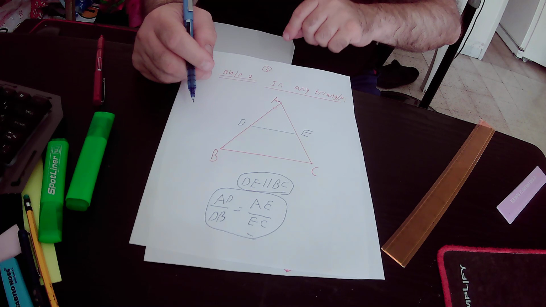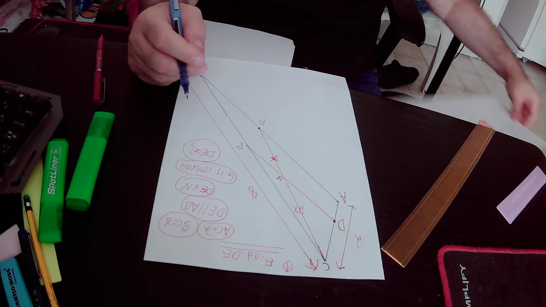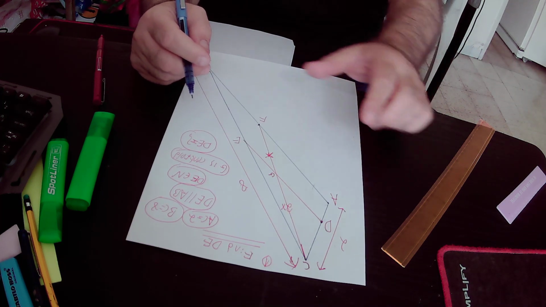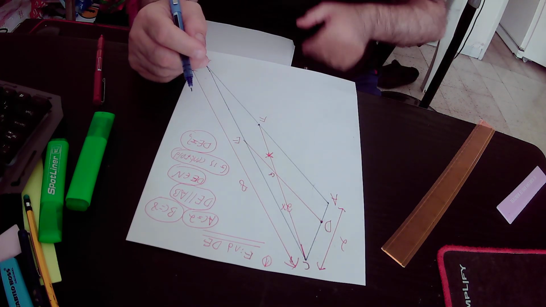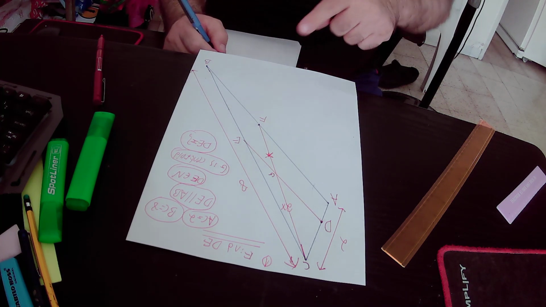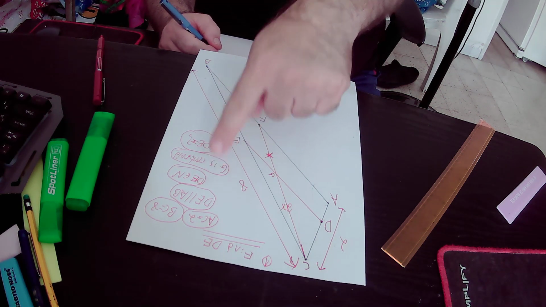And we can implement rule number 2 in our drawing, because we know that DE is parallel to AB. It is given to us in the question.